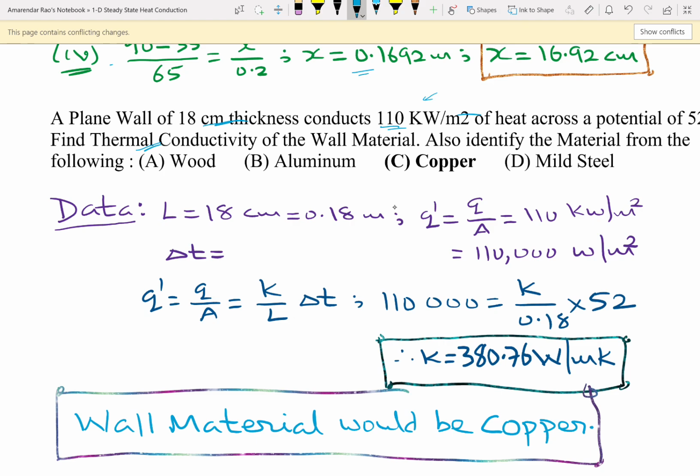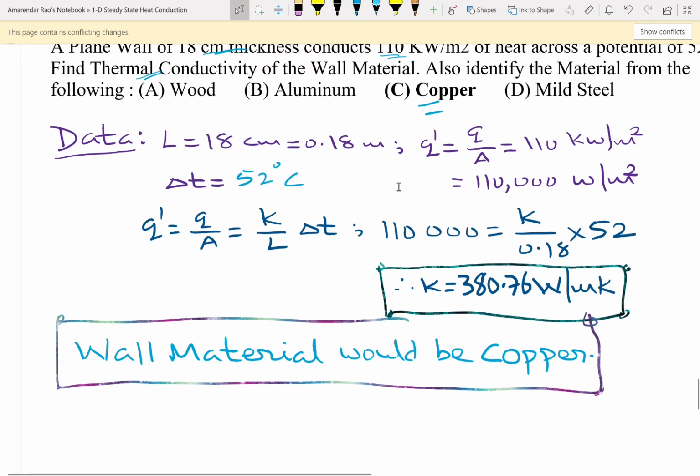Therefore, if you substitute this, you have Q prime equal to K by L delta T, or K is equal to Q prime into L divided by delta T, which is going to be 380.76. Around 380, the material has got to be copper. So option C should be correct.